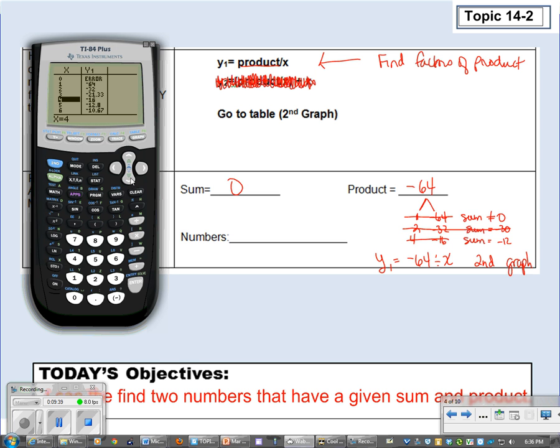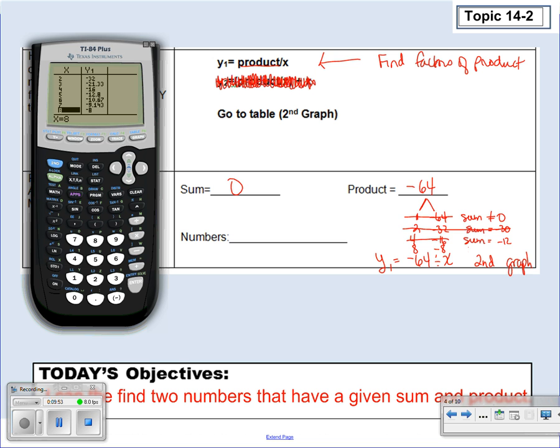It's 5 times a negative 12.8. Again, don't want decimals. We'll overlook it. 6 multiplies times a decimal. 7 multiplies times a decimal. Now I have 8. So we have 8 and negative 8. And sure enough, when we do that sum, it does come out to be 0. These are the two numbers that will multiply to give me negative 64 and add to give me 0.